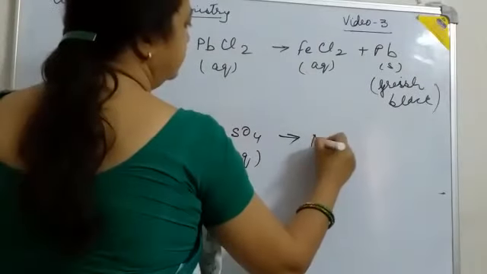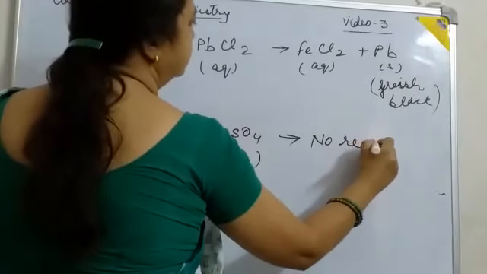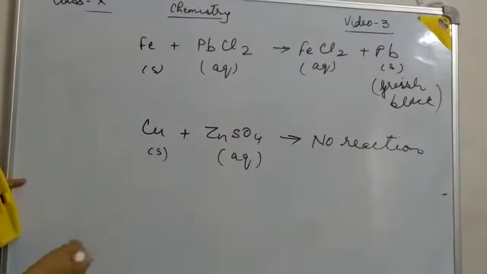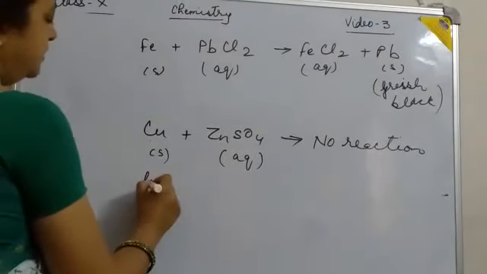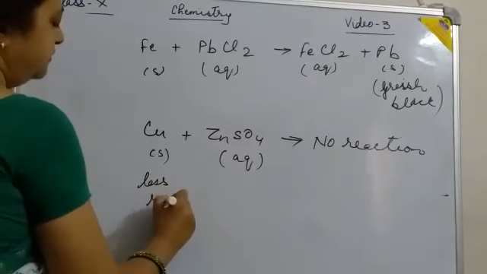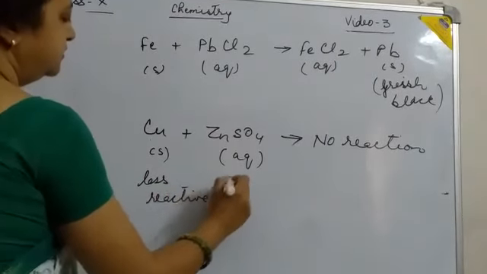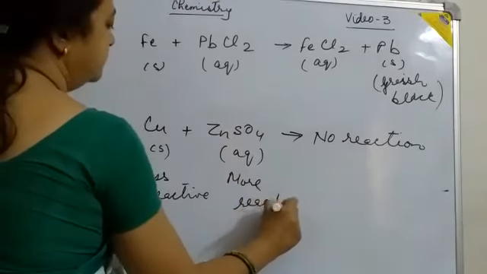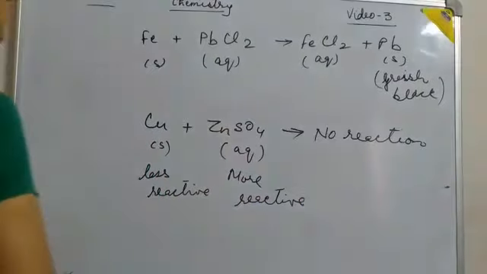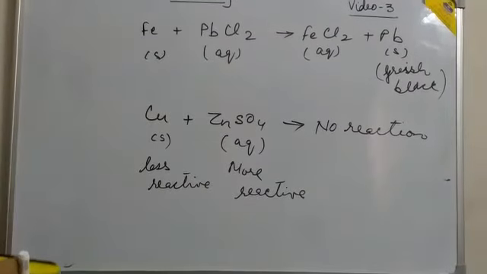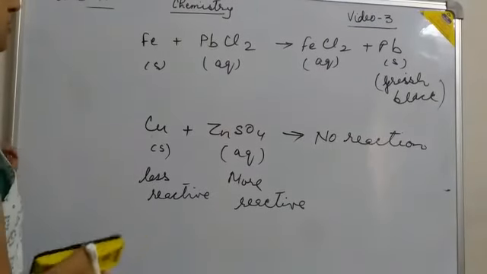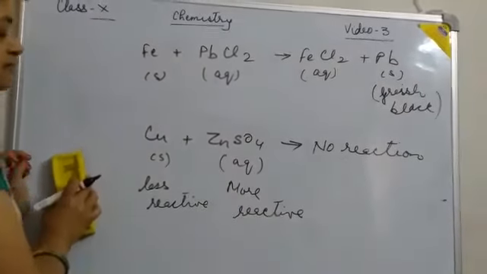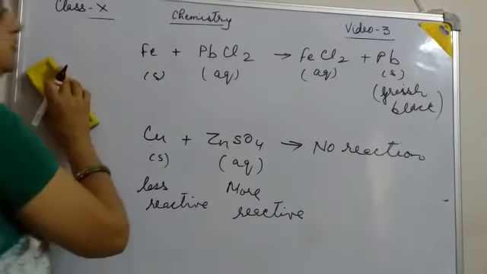There is no reaction, because in the reactivity series copper is less reactive than zinc. Zinc is more reactive. Now, these are the reactions related to the salt solution, the reaction of metal with salt solution.